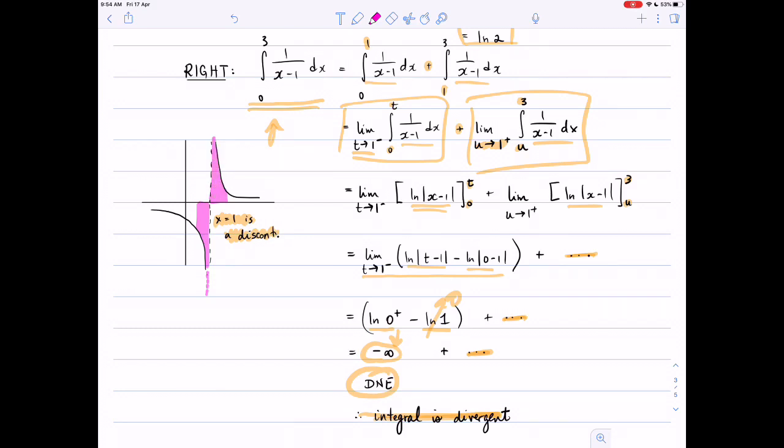And I said, well, look, by symmetry the value below and the value above are going to be the same, but this one will be negative and this one will be positive. So they should cancel. If I do the integral across that discontinuity, I should get 0. And geometrically, that seems to make sense.